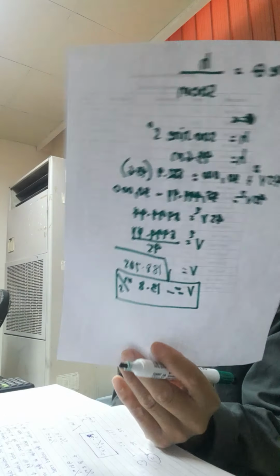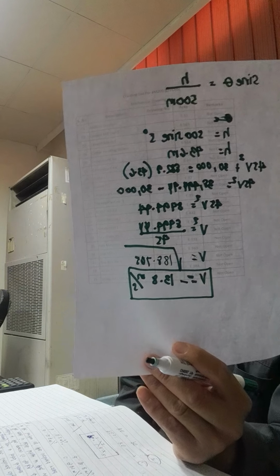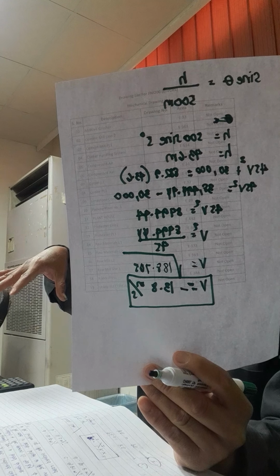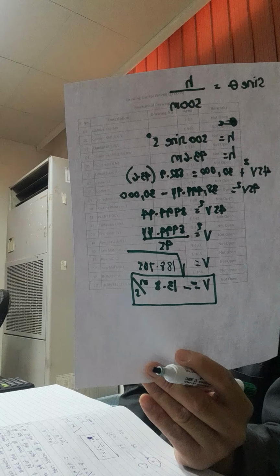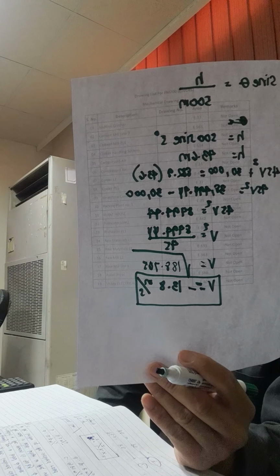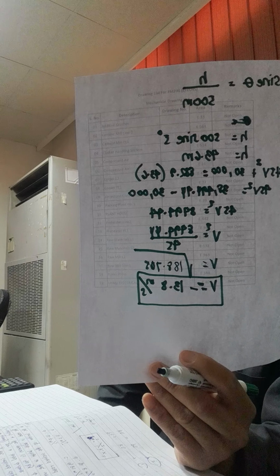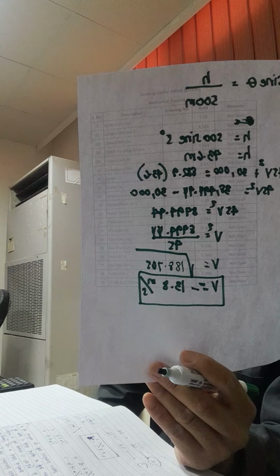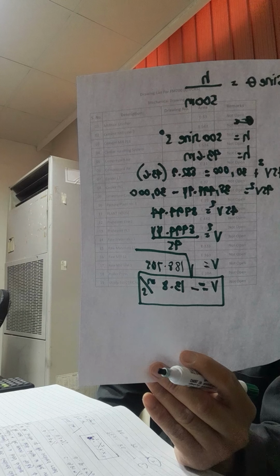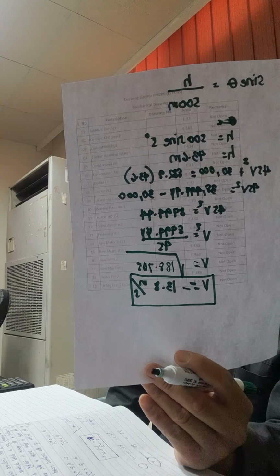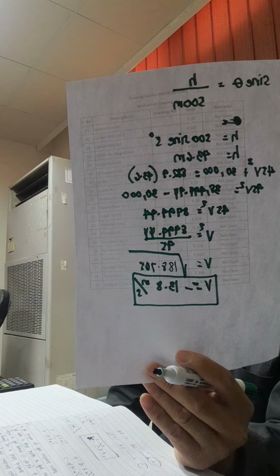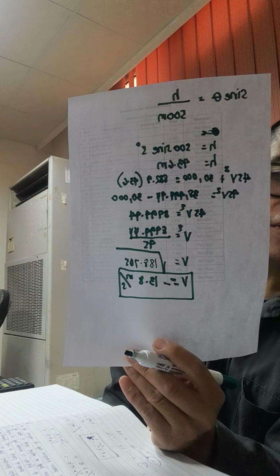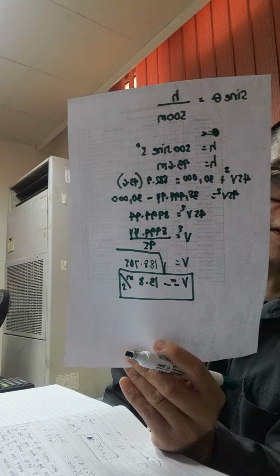So negative 13.8 means only that it is going downward toward the ground.